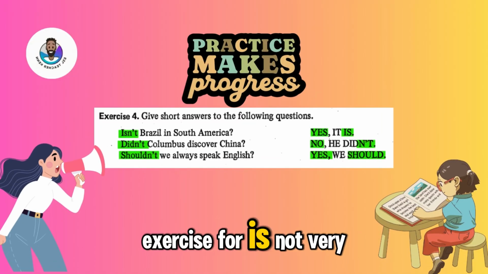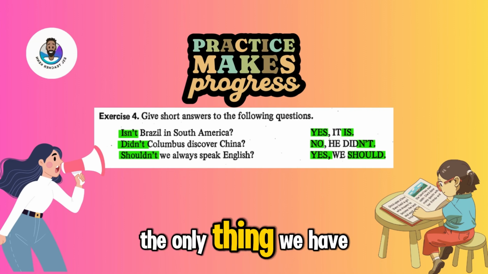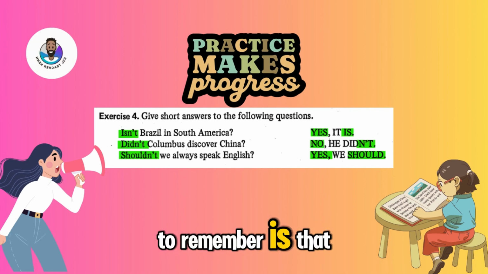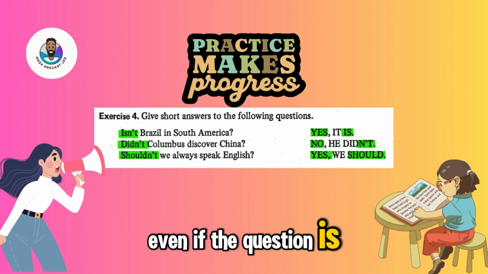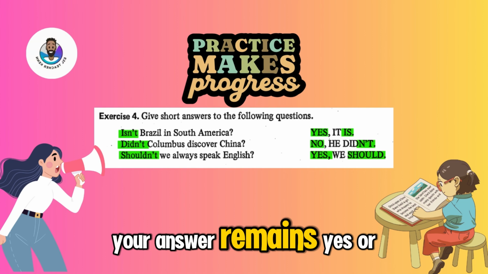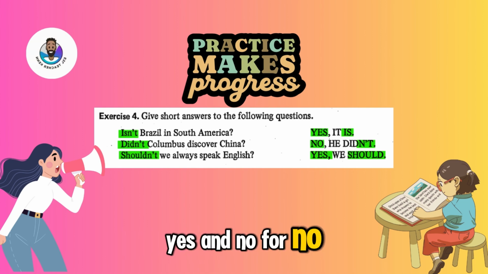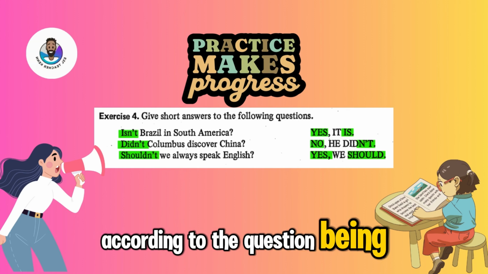Exercise 4 is not very complicated. The only thing we have to remember is that even if the question is in a negative form, your answer remains yes for yes and no for no, according to the question being asked.